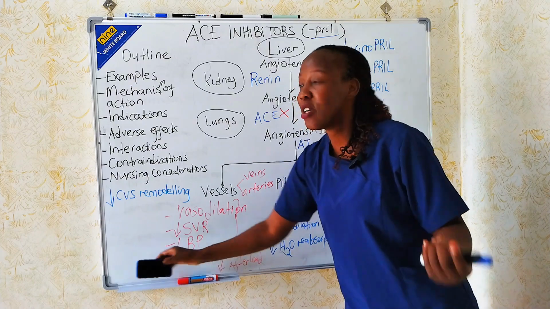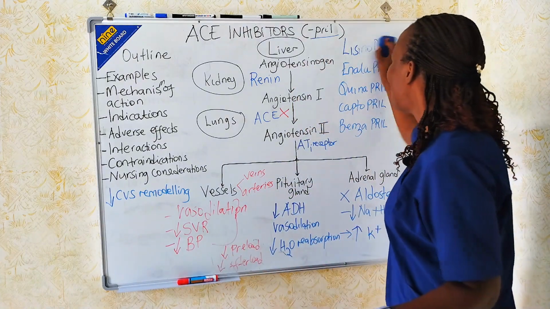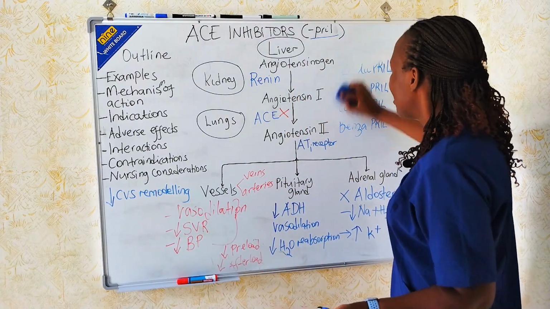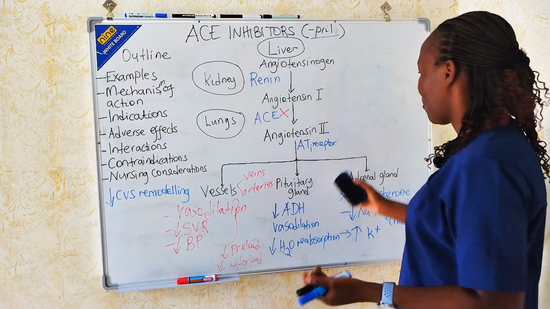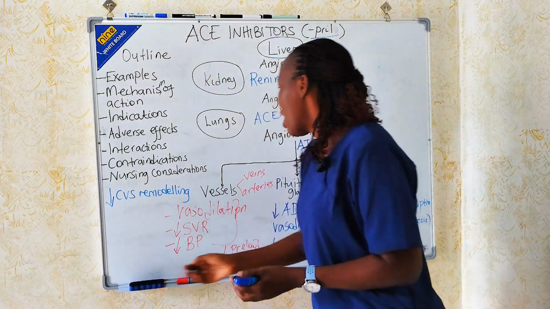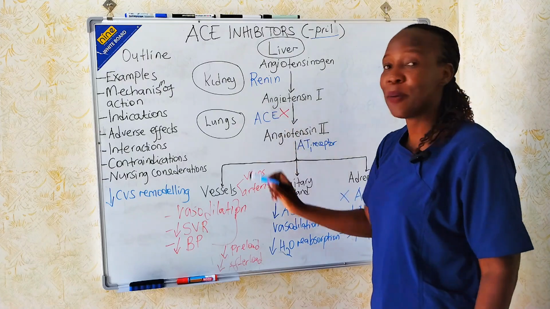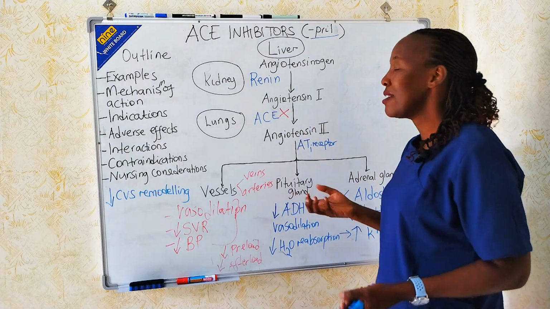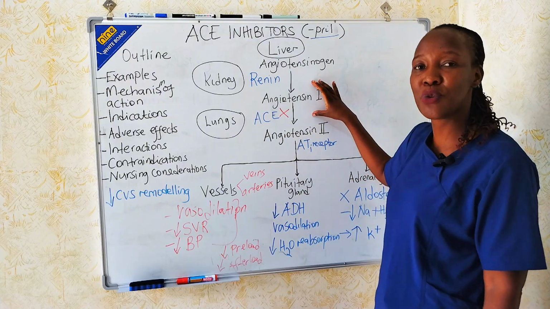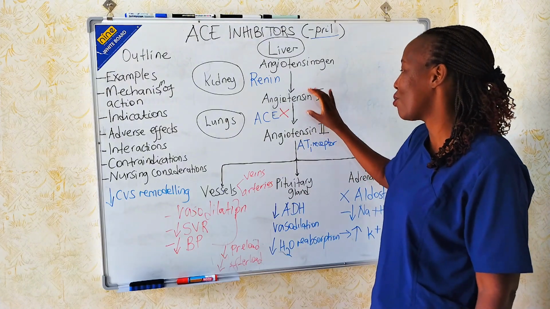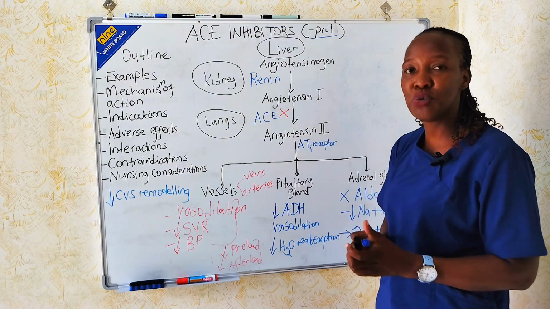Now, I want to also introduce another fact about the mechanisms of ACE inhibitors. This enzyme ACE does not have only the role of converting angiotensin 1 to angiotensin 2.